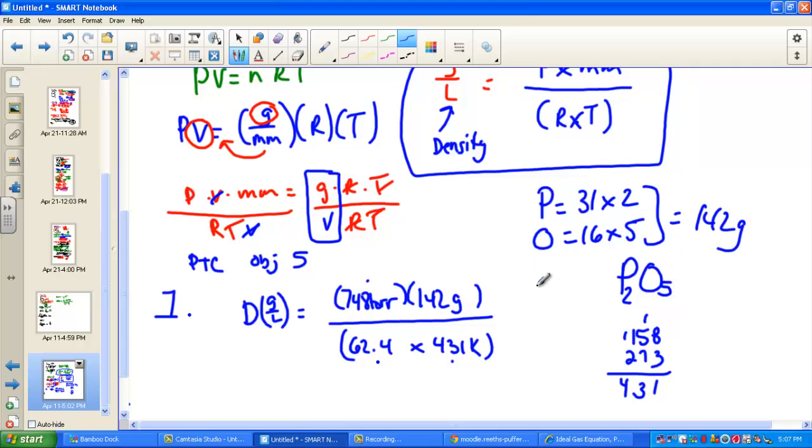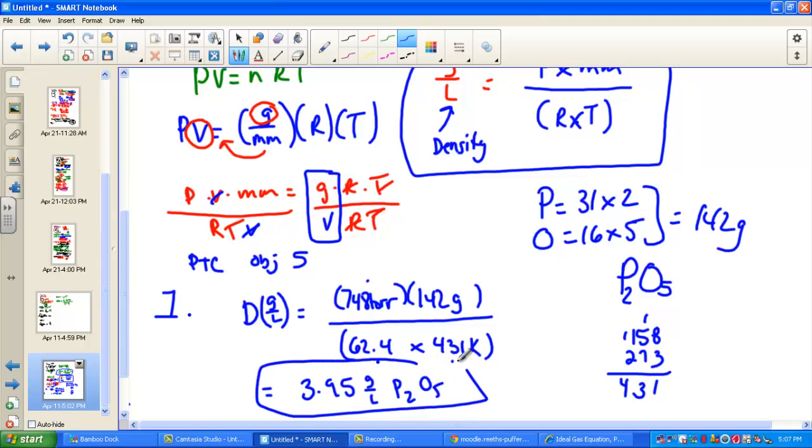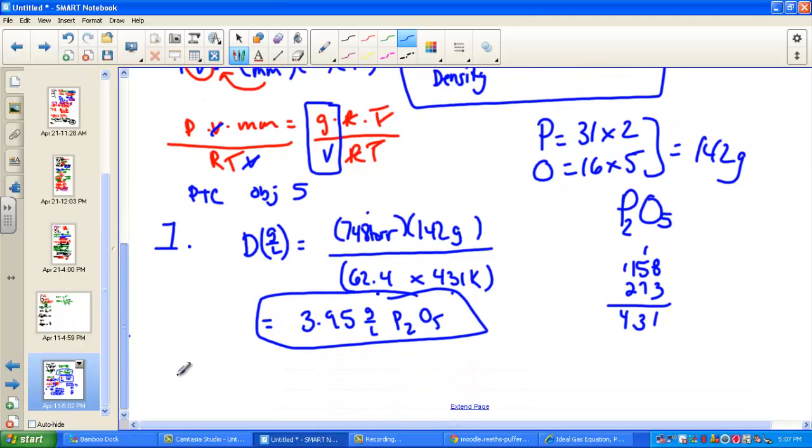So let's hit 748 times 142 divided by the product, so make sure you're using a parenthesis, 62.4 times 431 Kelvin, close parenthesis. The density of this gas at these conditions is 3.949, so let's say 3.95 g/L for diphosphorus pentoxide. Number, unit, label. A+ answer.